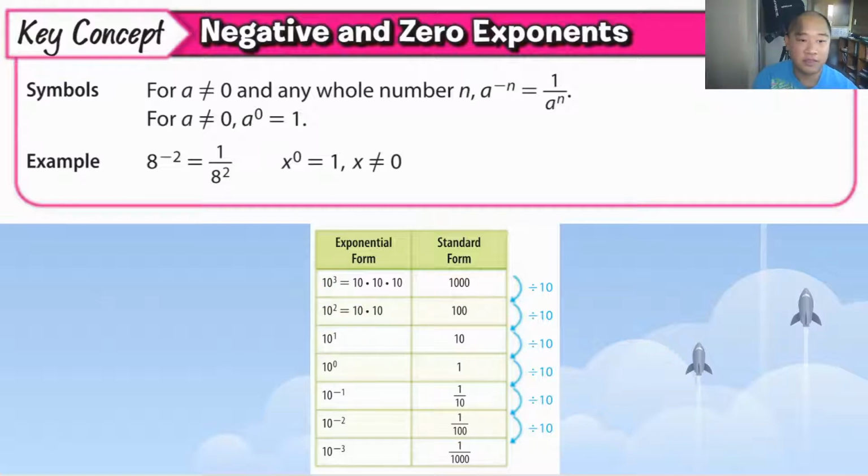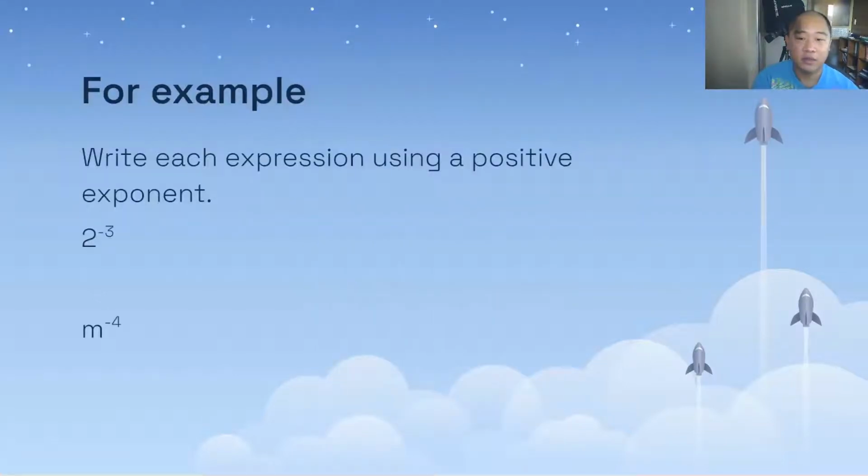So let's take a look at some examples. Here we're going to write this as a positive exponent. So right now it is the negative exponent, negative 3. But a negative exponent is the same thing as dividing, right? So we can write this as 1 over 2 to the third, because now we're dividing by this number.